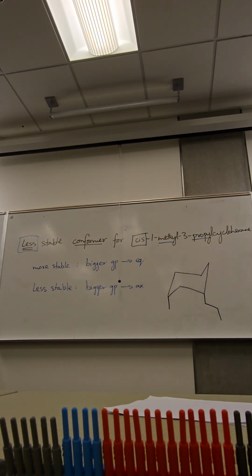What if there are more than 2 groups on the cyclohexane? Then what? Let me draw something.